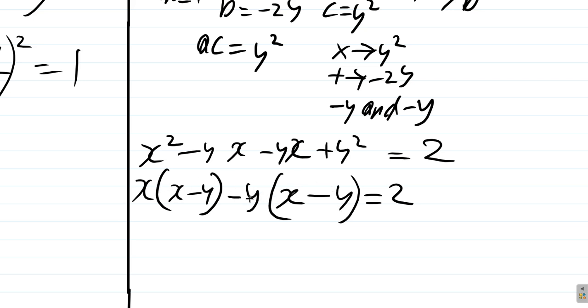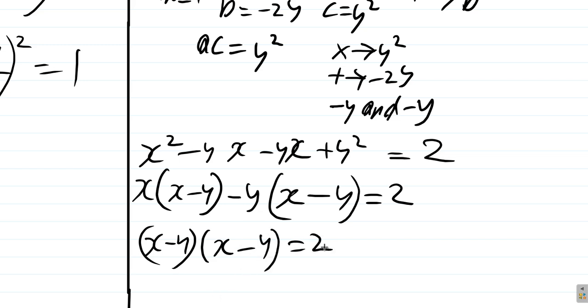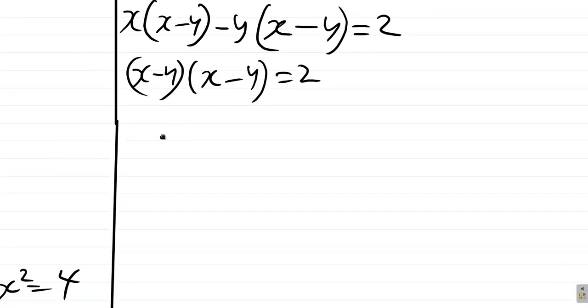If you multiply them out back, negative y by x gives you negative yx, negative y by negative y gives you positive y squared. Now, you take x minus y out as a common factor, and then you have the x here minus the y here, equals 2.